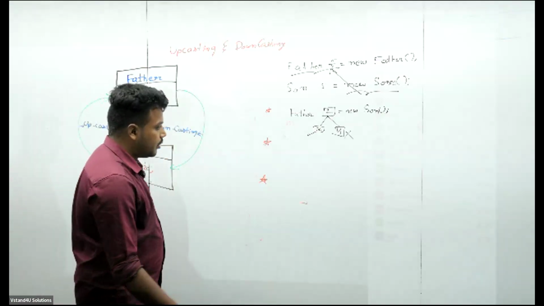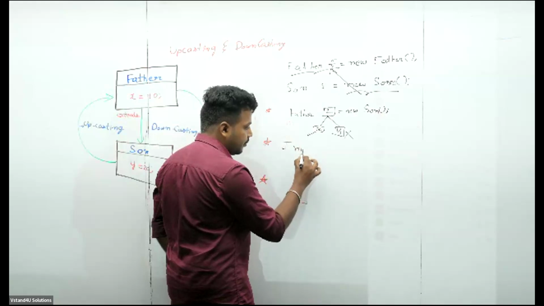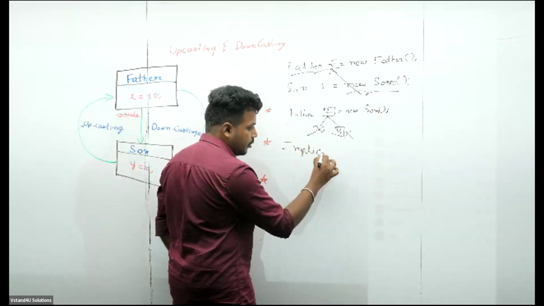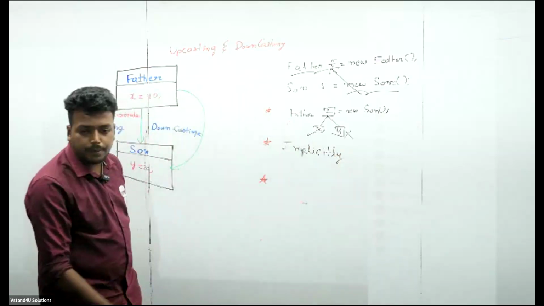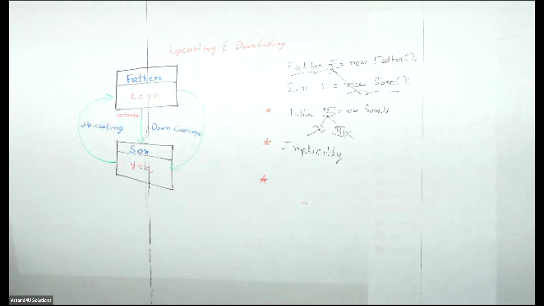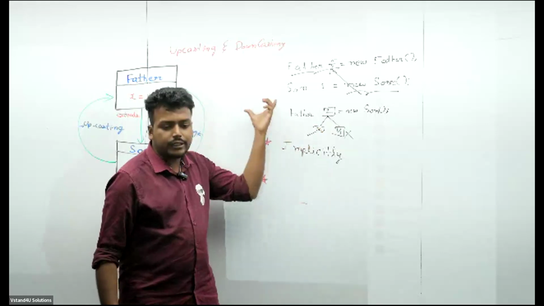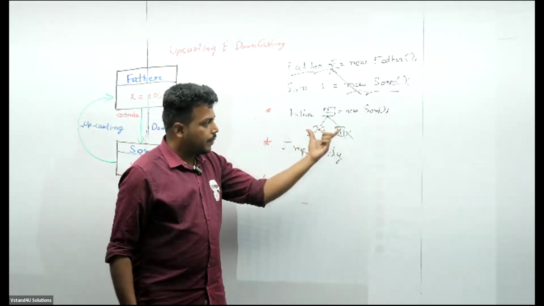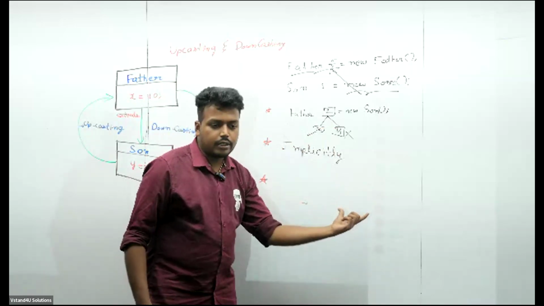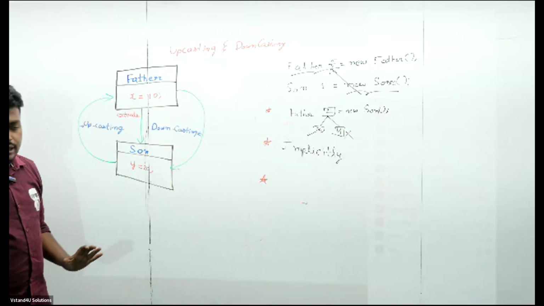Upcasting is done implicitly. It's similar to widening, no? Upcasting is done, and automatically Java will do everything. If I print the statement, I will get the x value as 10. Understood?